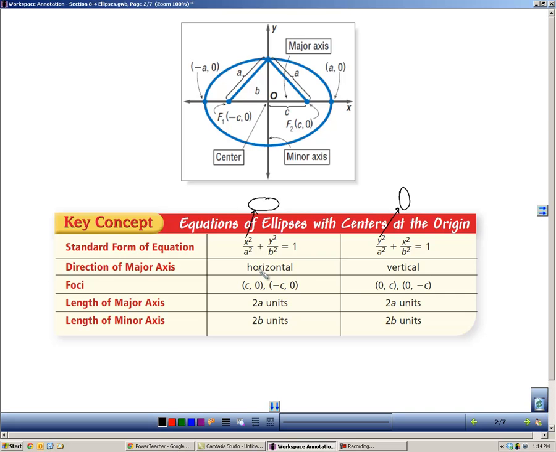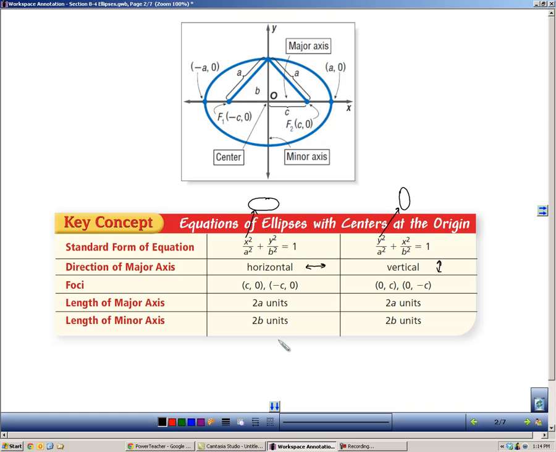It shows you which is the major axis: horizontal, left and right, so it's going to be a wider ellipse, and this vertical axis is going to be a taller ellipse. Here are the points for the foci. The lengths of the major axis and the minor axis are 2a and 2b.